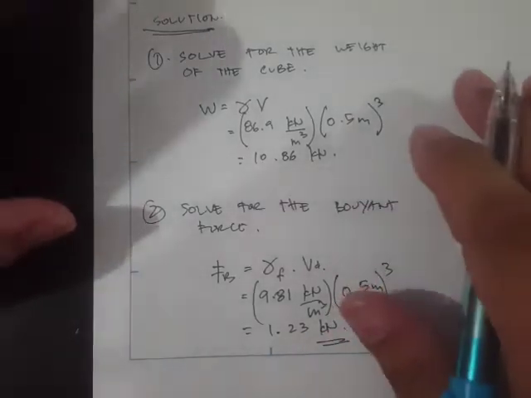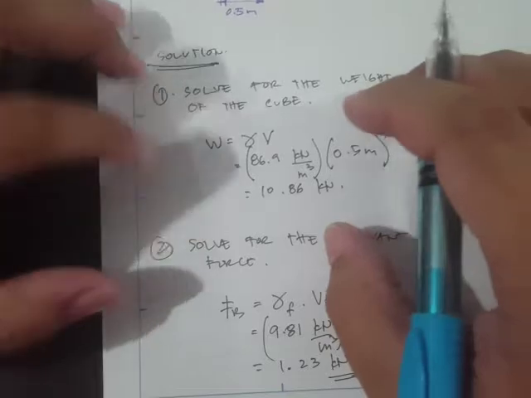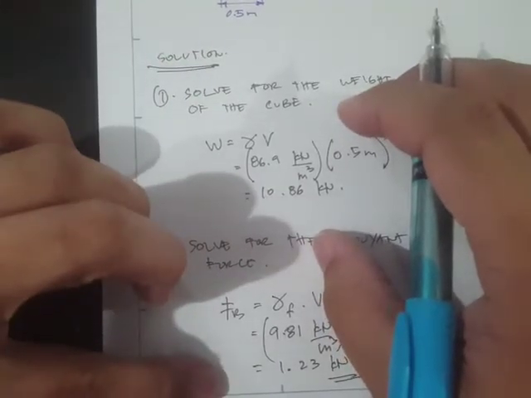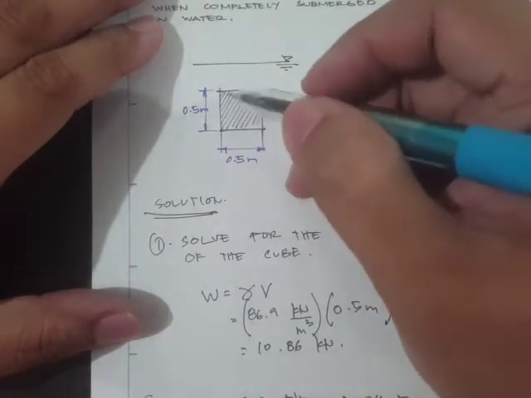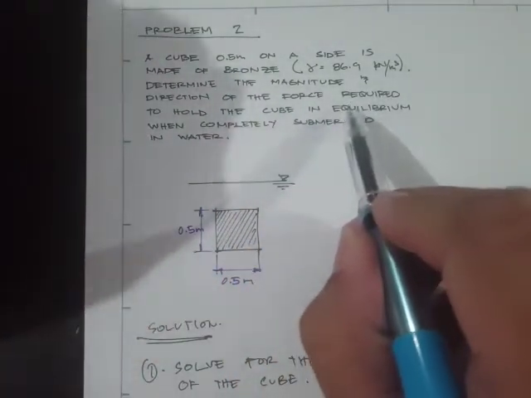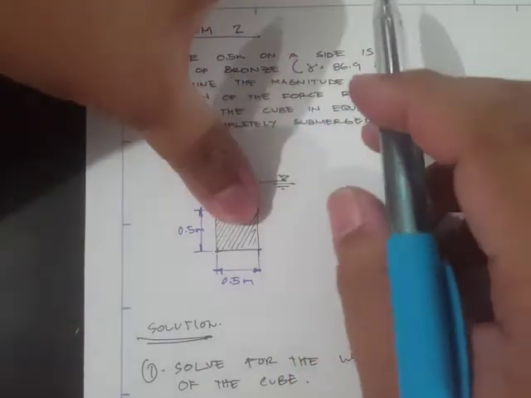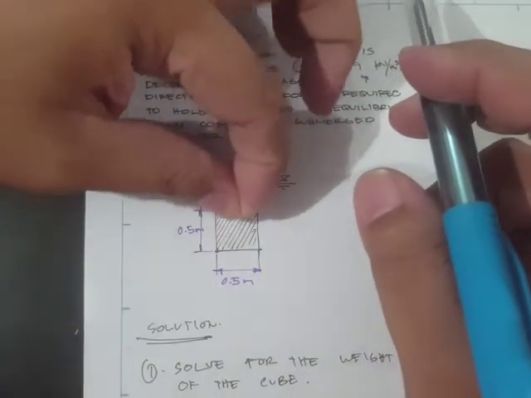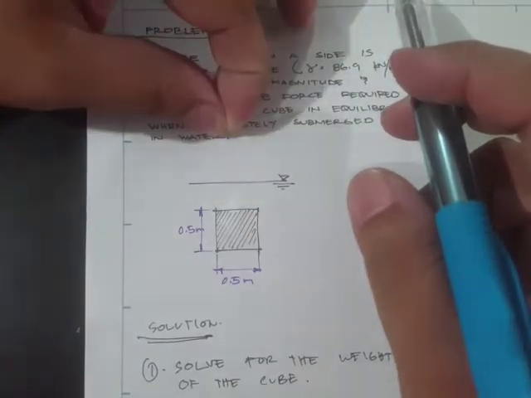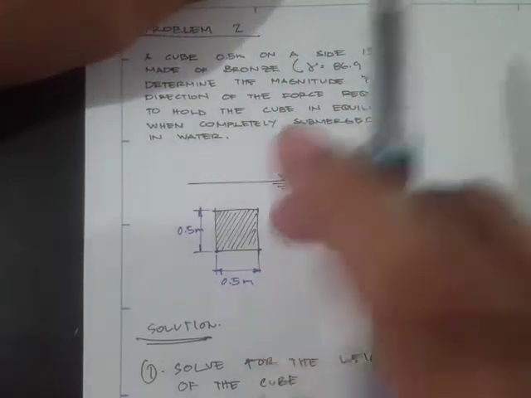Okay, so we have the weight, we have the buoyant force. It shows here that the weight is greater than the buoyant force, and therefore our expectation is that it will sink, or move downward. But the problem says that we are to determine the magnitude and direction of the force required to hold the cube in equilibrium when completely submerged. So there must be some force acting upward, let's say a rope or a chain, for example, wherein this submerged body is hung or is in equilibrium.